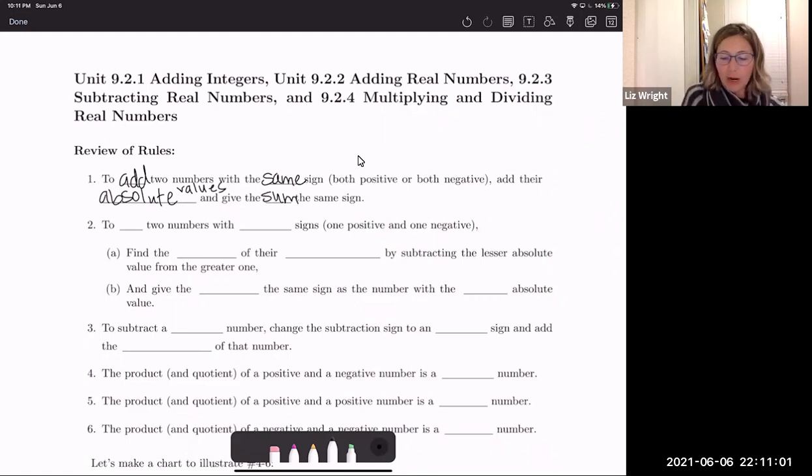Meaning if you are adding two positive numbers, so let's say we have 2 plus 3, well then the sum, which is our answer, so we have a positive plus another positive, our sum is going to have a positive answer.